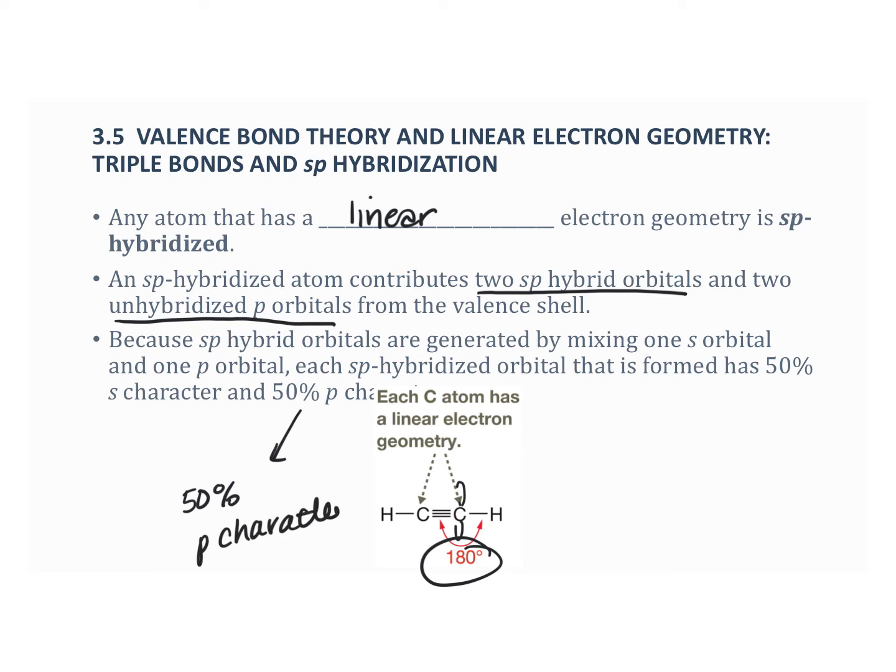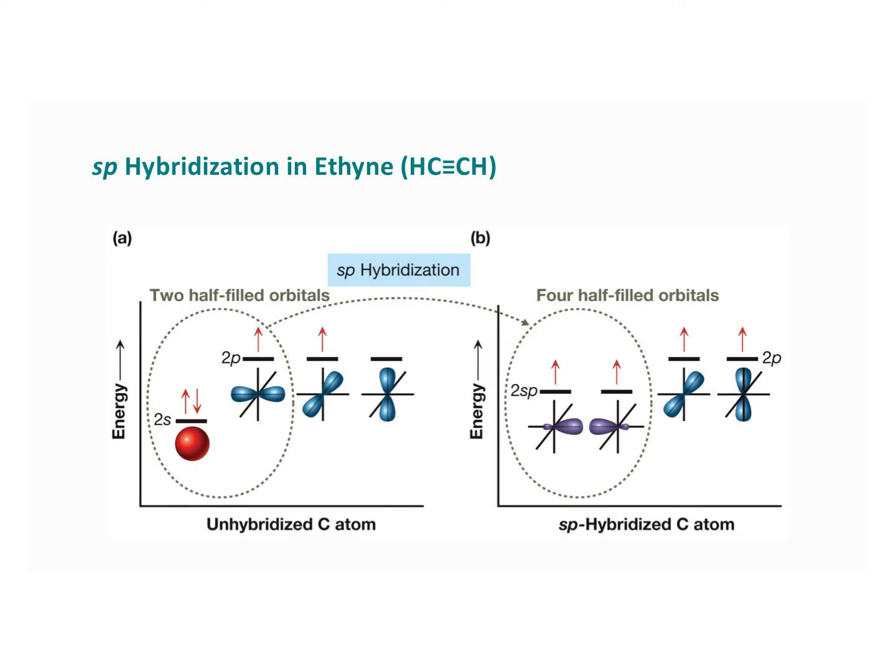Okay. Now, let's visualize this hybridization. Here's our normal unhybridized carbon. When we come over here and look, we see our 2 hybrid orbitals. They're linear along the axis. And then here are our p orbitals.